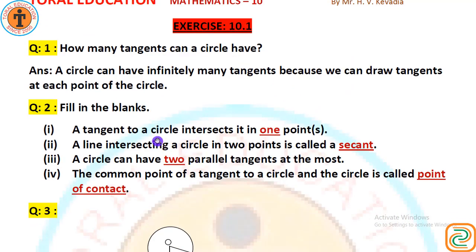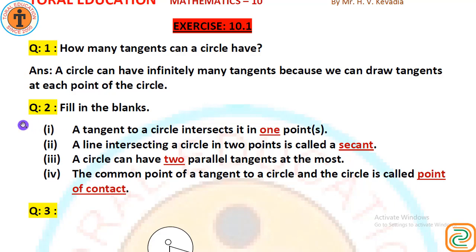Okay friends, now question number 1 of exercise 10.1. It's a very short exercise. How many tangents can a circle have?